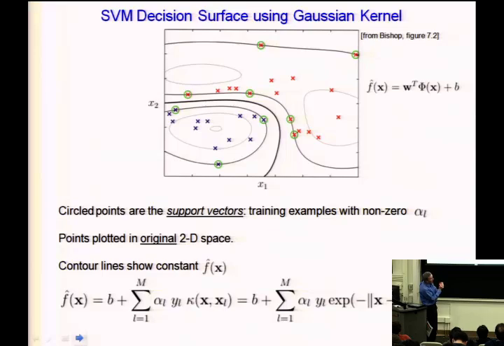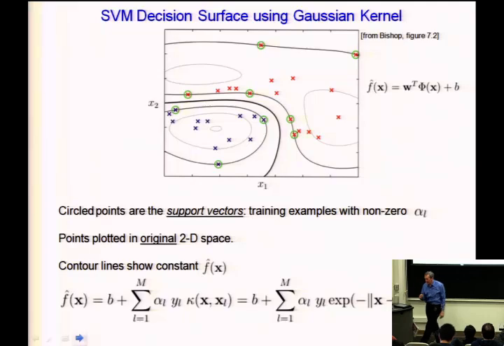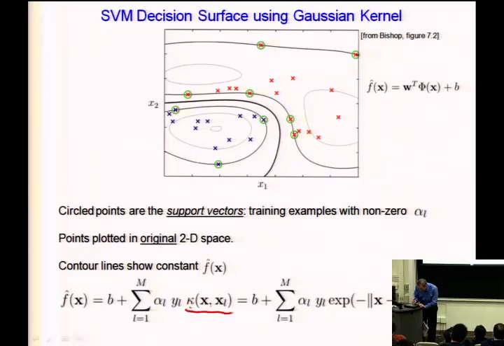Obviously, these points are not linearly separable in the original two-dimensional space. In this case, they're projected into a higher space according to the kernel, which is this Gaussian function. So our kernel function that we're using in this case is just this.